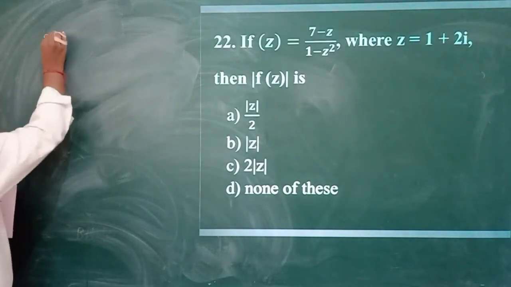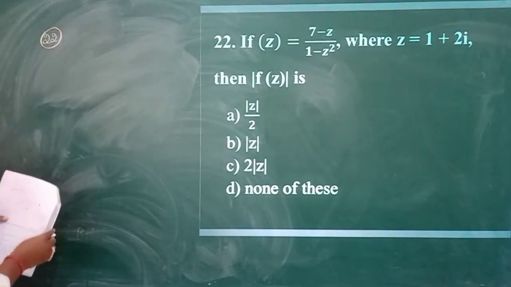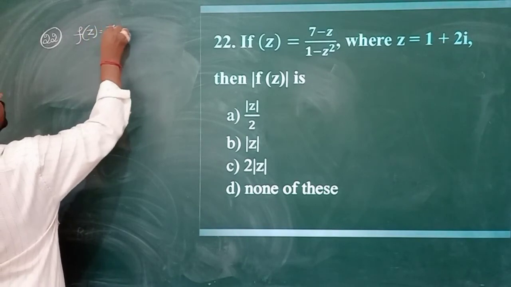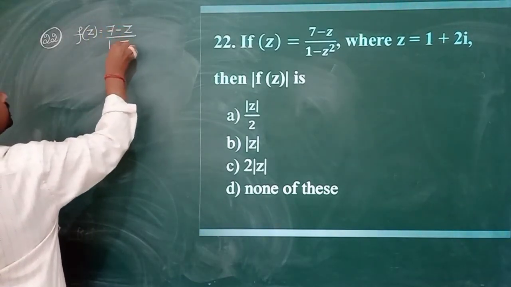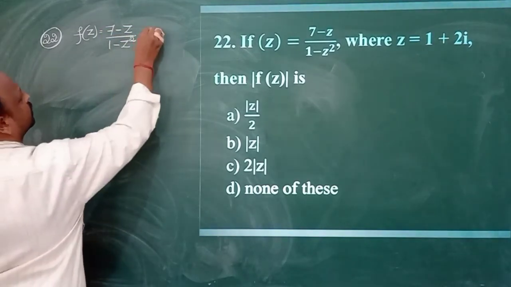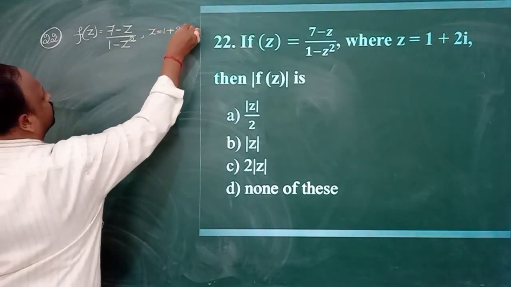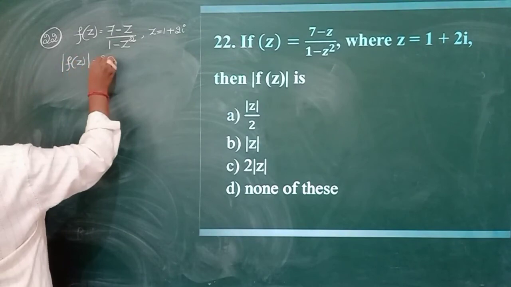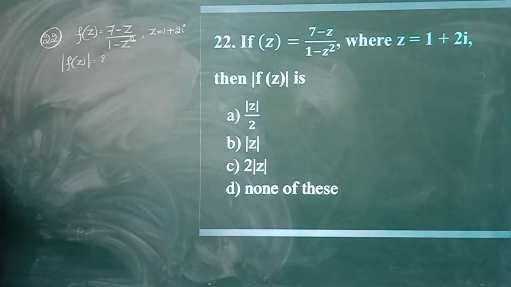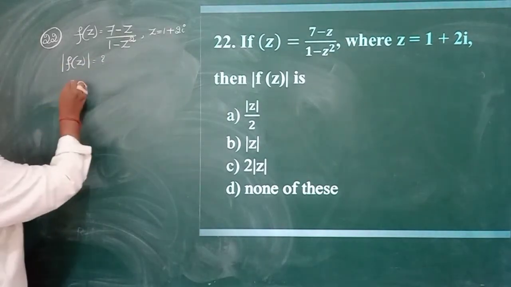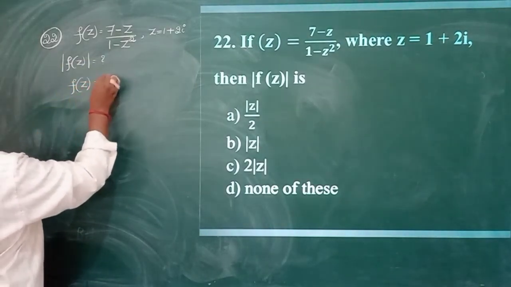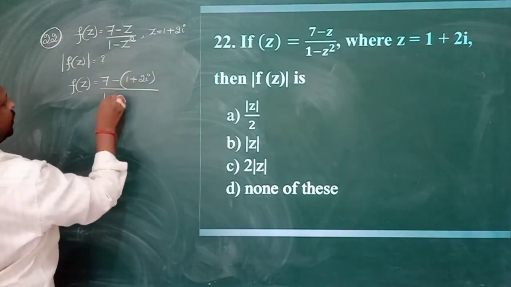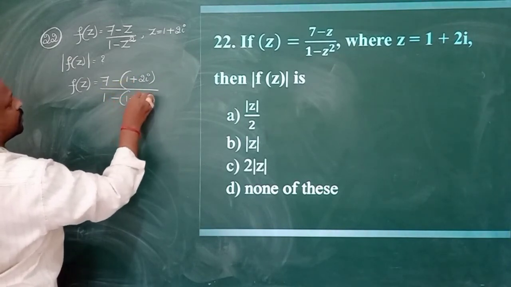Question number 22. So 22, f of z is equal to 7 minus z divided by 1 minus z square, z is equal to 1 plus 2i, then modulus of f of z is? So here, simplify f of z. f of z is equal to 7 minus z, that is 1 plus 2i, divided by 1 minus 1 plus 2i whole square.